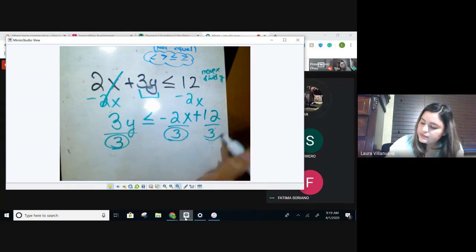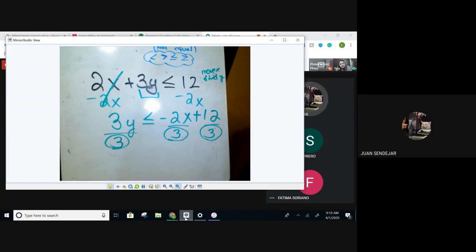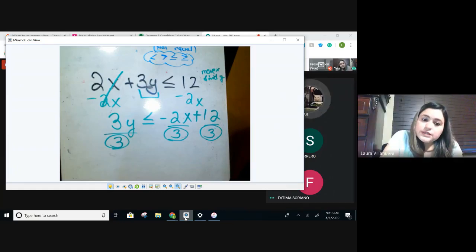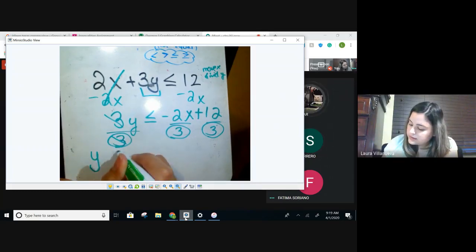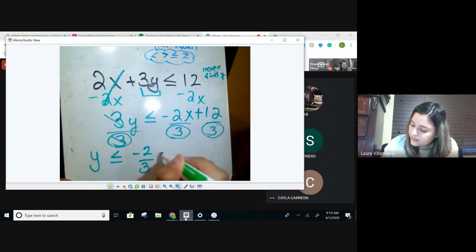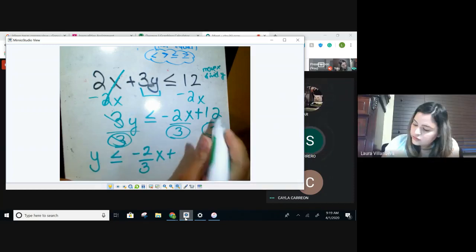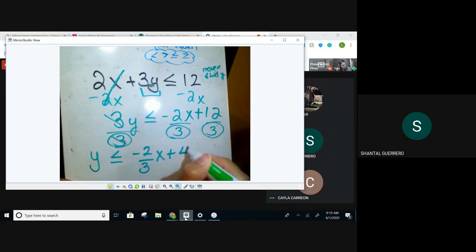So I like to circle them just so that I can remember. This is actually positive, so I'm not going to worry about flipping anything. So then y is less than or equal to negative 2 over 3 x plus 12 over 3, which is actually 4.